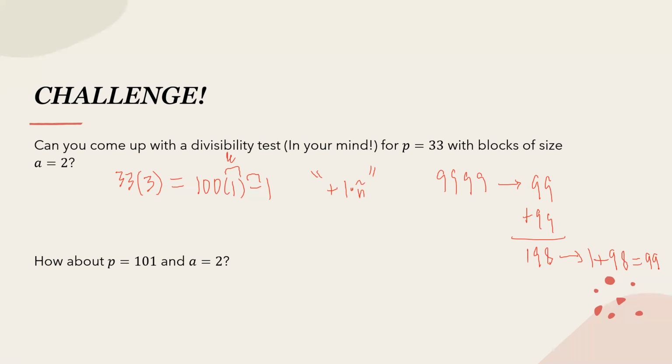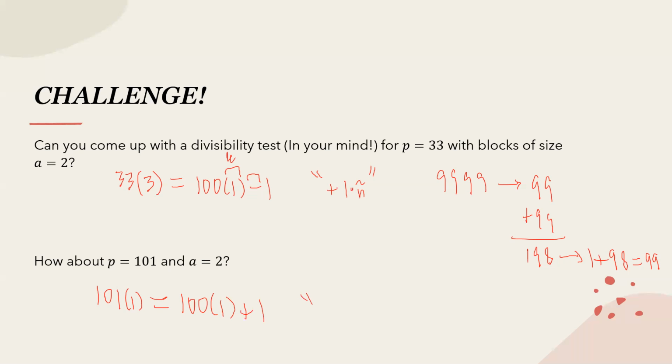So that thing works. What about 101 and blocks of size 2? What do you got? Anyone? 101 times 1 is equal to what? Actually, no, we did 100, right? If we want blocks of size 2, it's 100 times 1 plus 1.